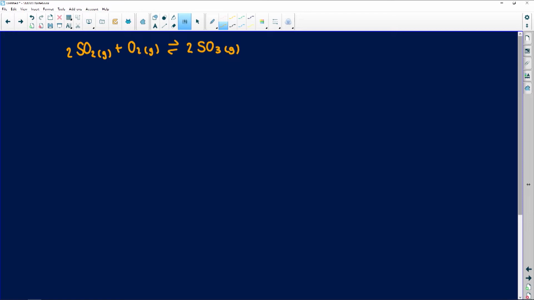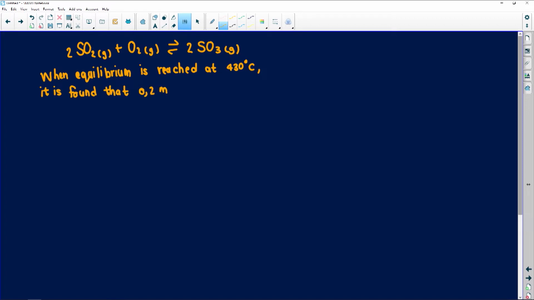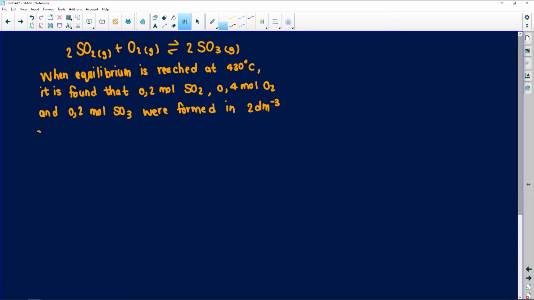When equilibrium is reached at a temperature of 430 degrees Celsius, remember, moving that to Kelvin you just add 273, it is found that 0.2 moles of SO2, 0.4 moles of O2, and 0.2 moles of SO3 were formed in the 2 cubic decimeter container.